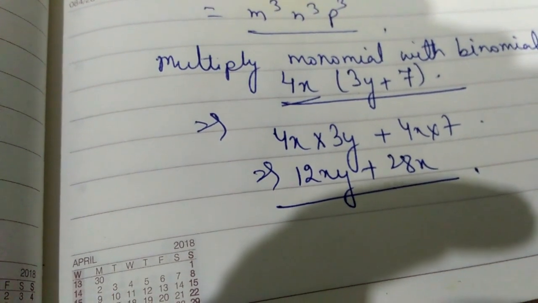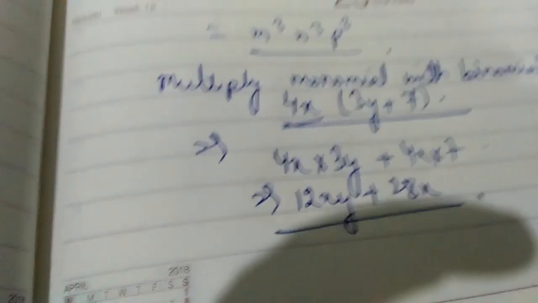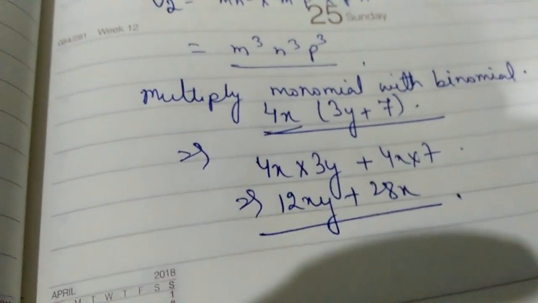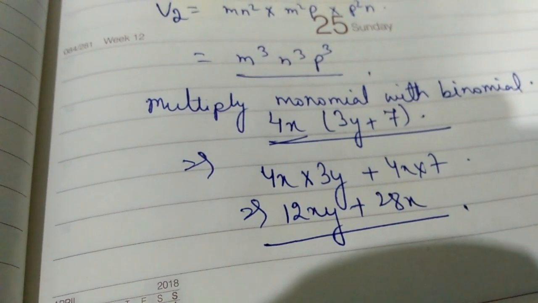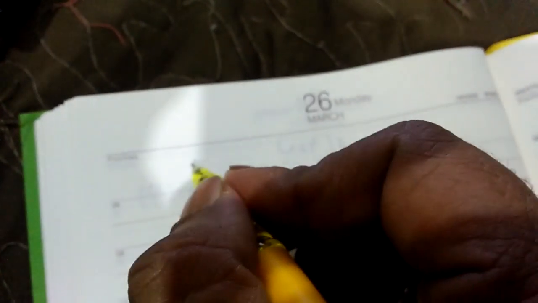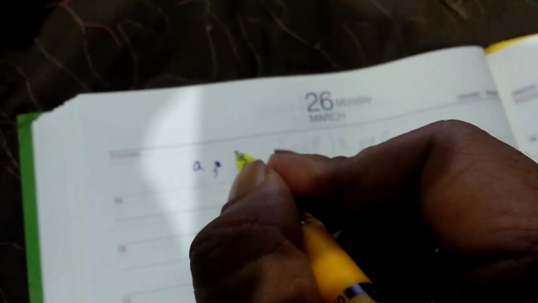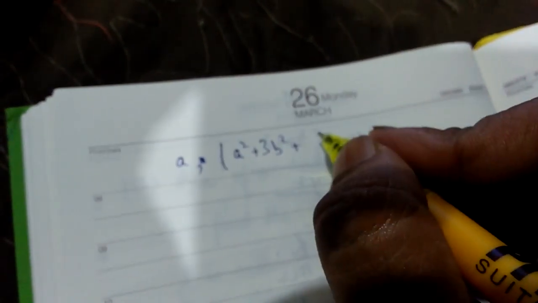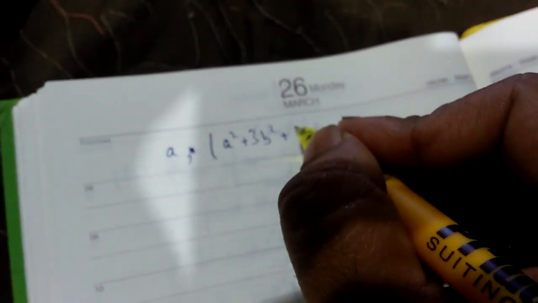The questions based on this will be simple and you can practice them yourself. A simple multiplication. Here I will also discuss monomial and trinomial multiplication. So let's say the first expression is A, and the second expression is A square plus 3B square plus, let's say, 17.